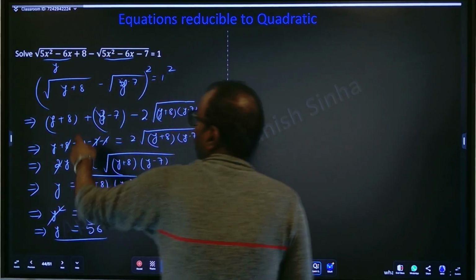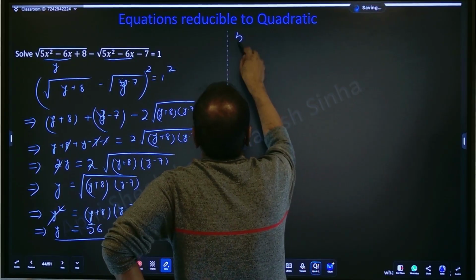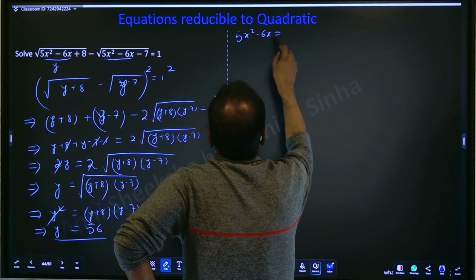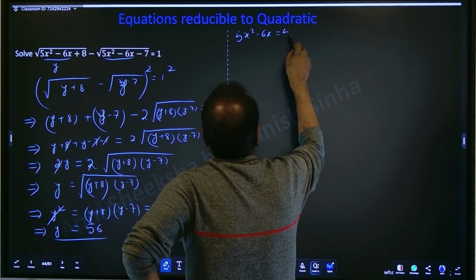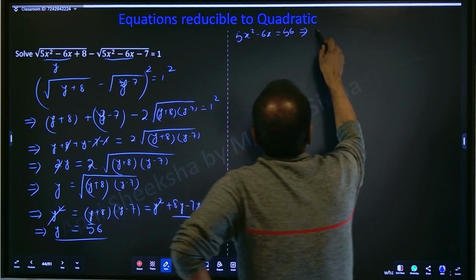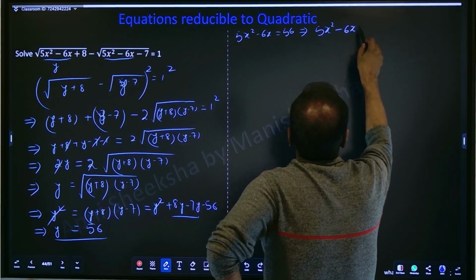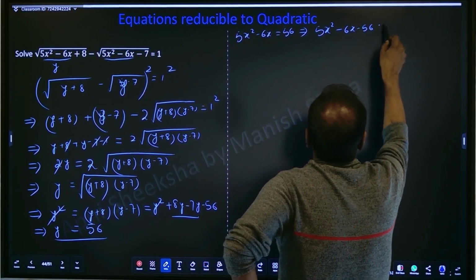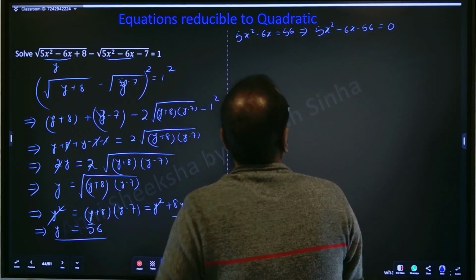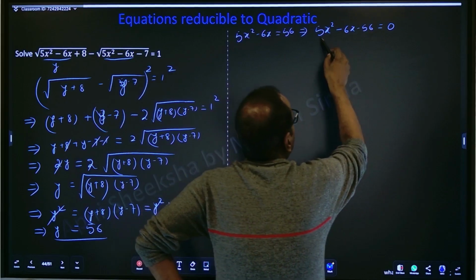Now what is your y? y is your 5x square minus 6x, which is equal to 56. So what will be the discriminant of this?